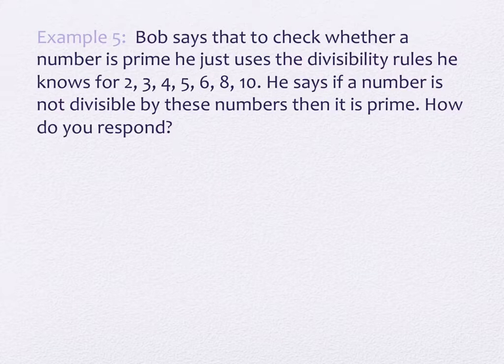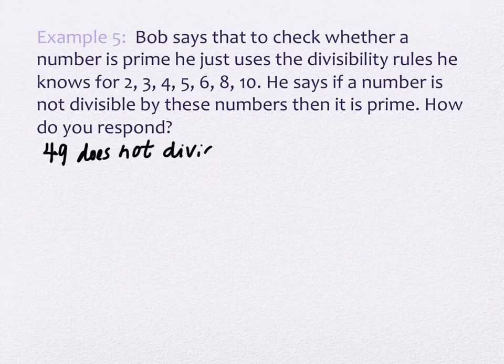Is 49 divisible? 49 would be divisible by 7. So that would be an example, right? So you first would respond with 49 does not divide by these numbers. This isn't the only example you could use, but it's a good one.